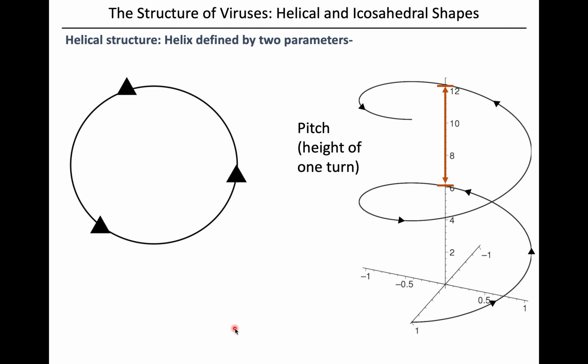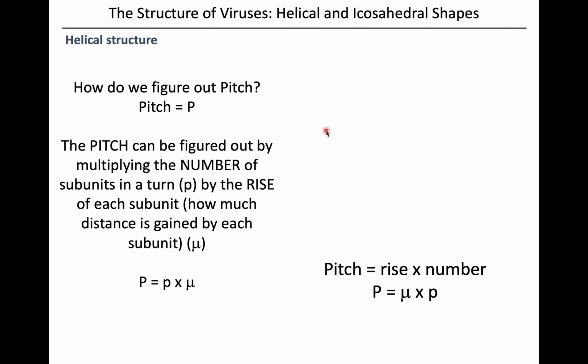For any helical virus, there are basically two key parameters of a helix. There's the amplitude, which is simply the diameter of the helix if you're looking down on it from above. And then there's the pitch, which is the height of one turn of the helix. The pitch can pretty easily be determined if you know some details about the capsid protein subunits themselves.